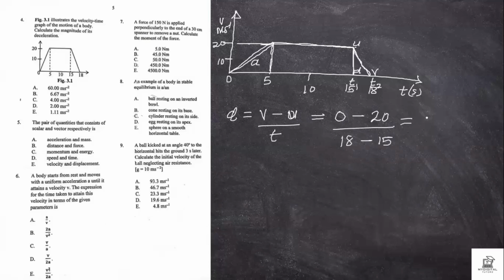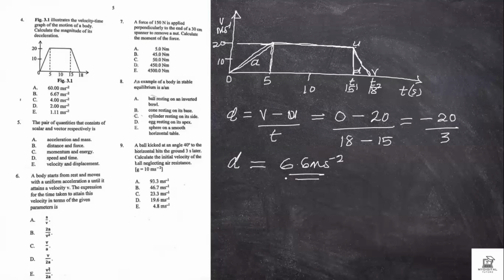So I'm going to have it to be minus 20 all over 3. Are we getting it? So deceleration will be equal to 20 divided by 3. So your deceleration is equal to 6.6 meters per second squared. So that is option B, 6.67 meters per second squared.